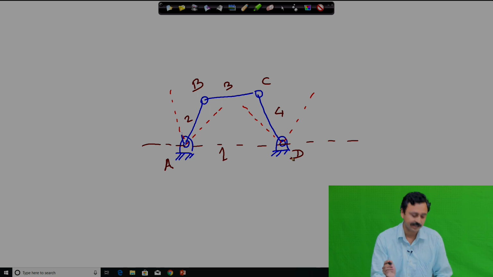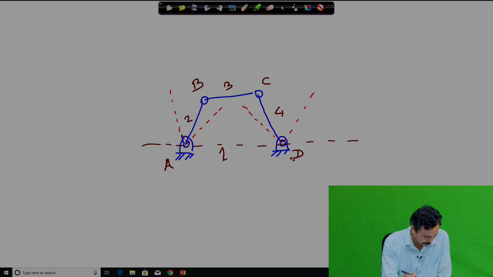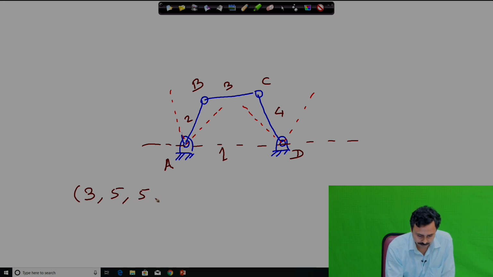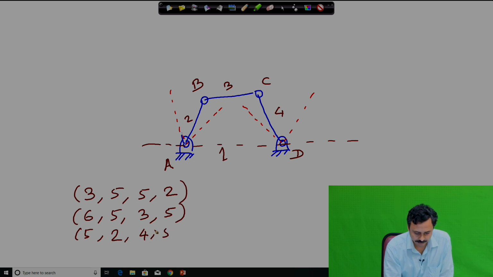Let us now look at the options that are given to you. Options are 3, 5, 5, 2; 6, 5, 3, 5; 5, 2, 4, 5; and 5, 2, 2, 4.